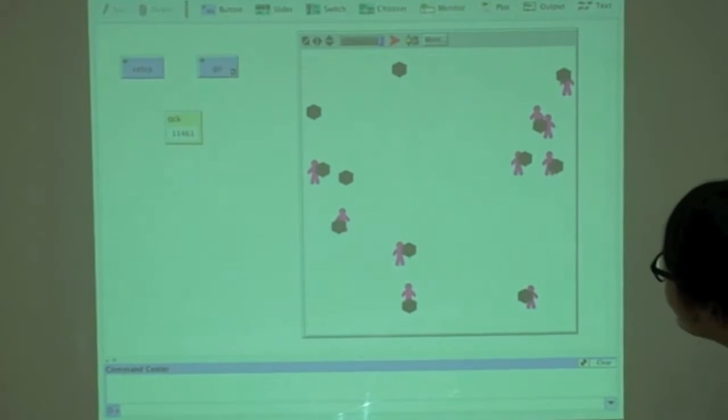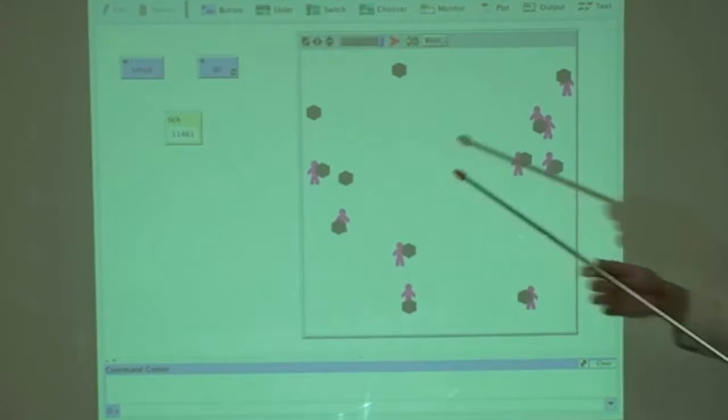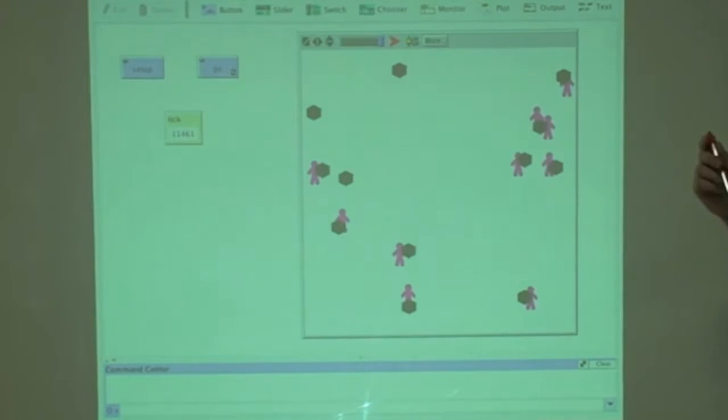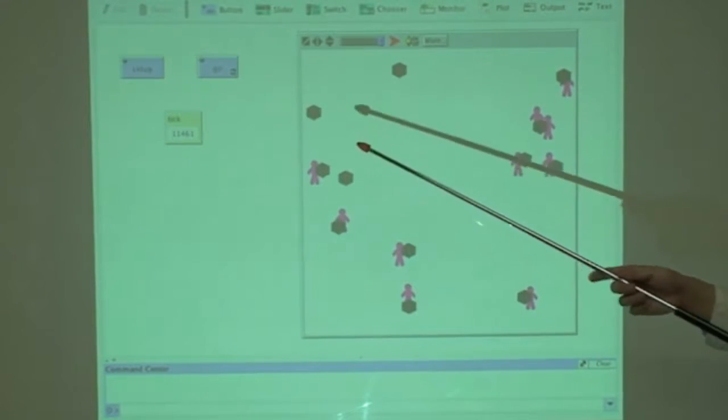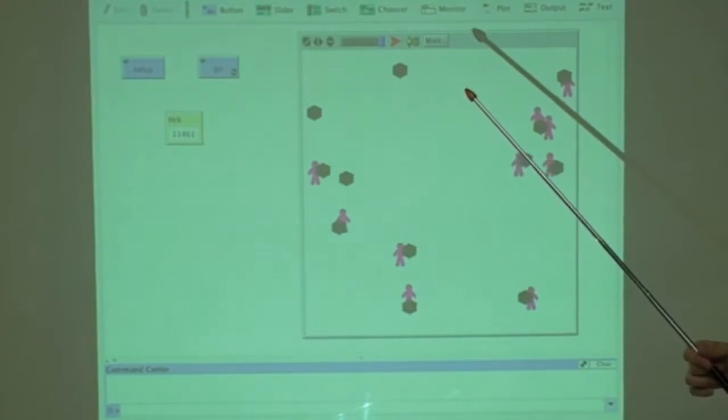All customers have finished their shoppings, and the simulation tick is 11,461, and the tick got shorter.